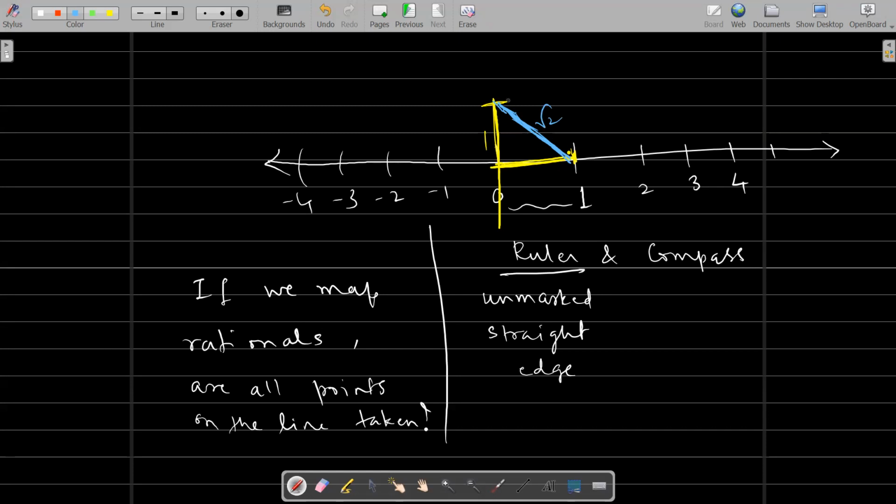And if I take this distance in the 2 ends of the compass and mark it from 0 somewhere here, that point corresponds to a number which is not rational. So if I map all rationals on the line, at least at this point there will be a gap. This point won't correspond to any number, right? So the answer is no. In fact, there are many points left on the line after mapping all rationals. So there are gaps.